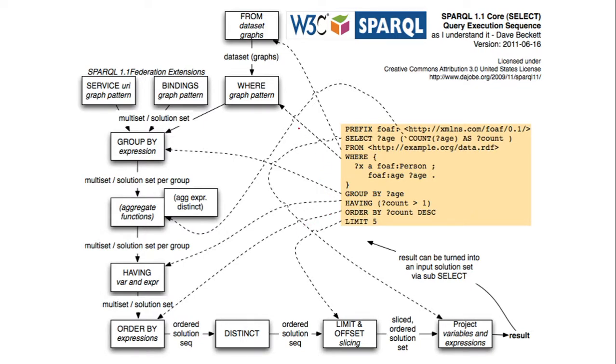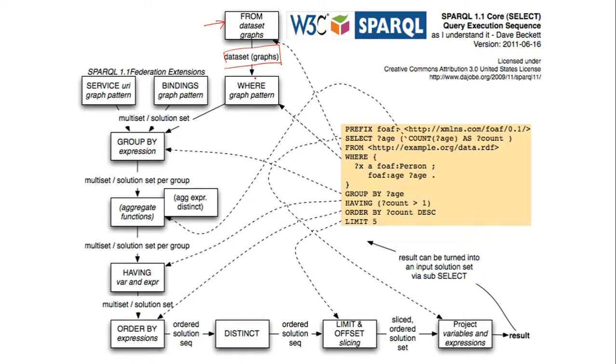First of all, it will look at the from data set, that is, where from this particular query will be answered. Now you have a data set as a graph that is coming into your next part.